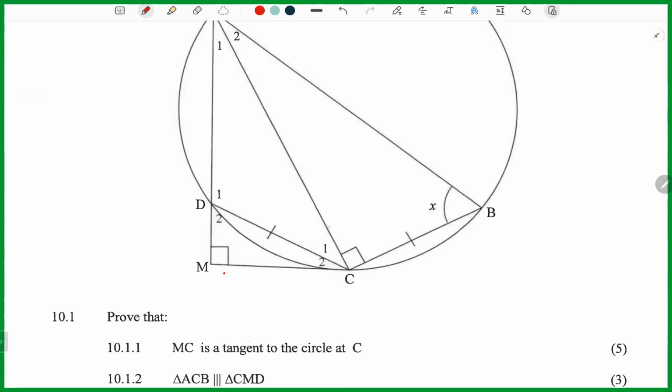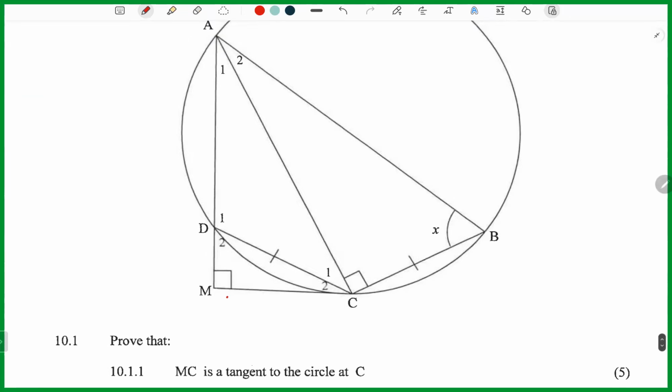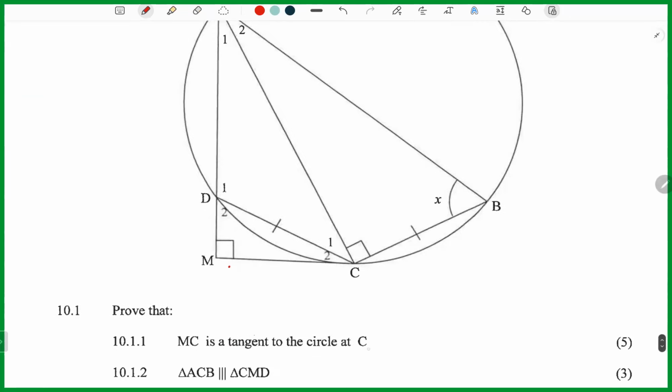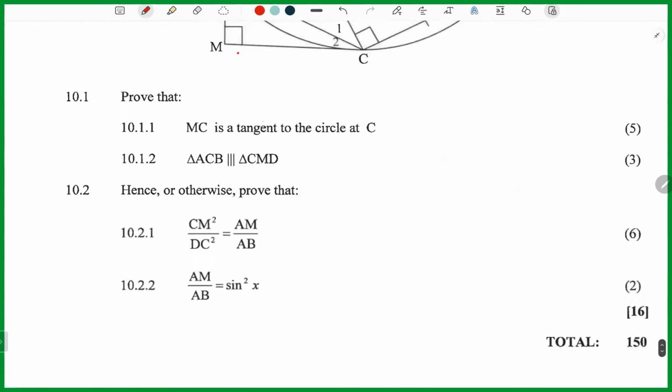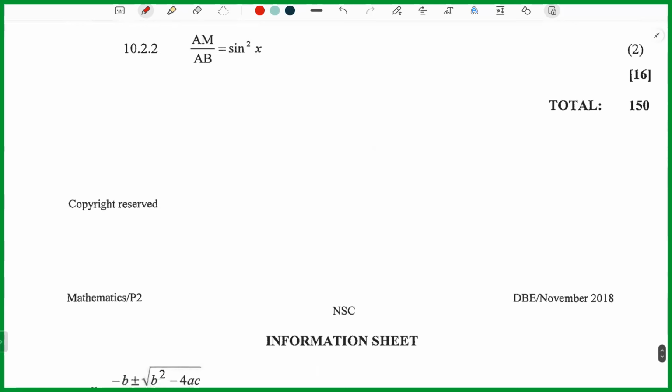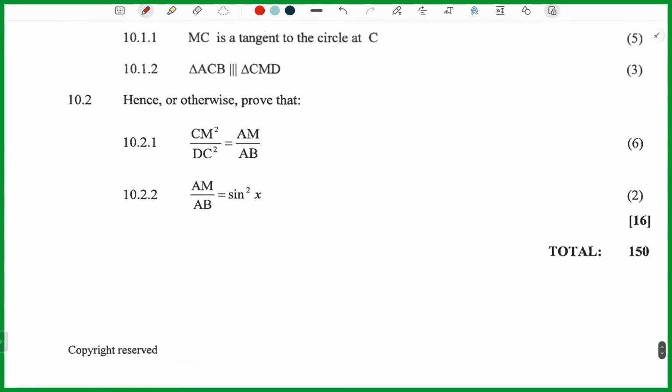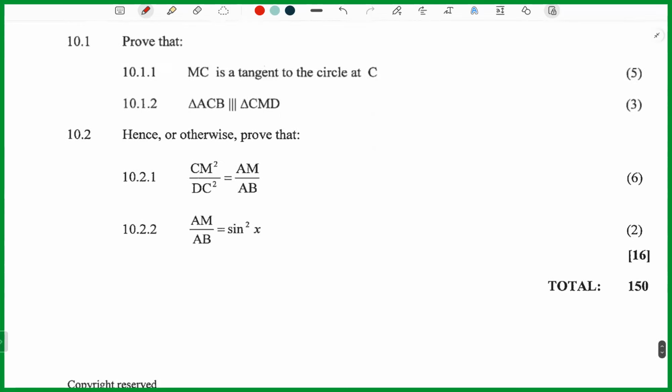Right. So if MC is a tangent to the circle at C, we proceed like this. We realize that angle A2, so this is how we're going to do question 10.1.1.